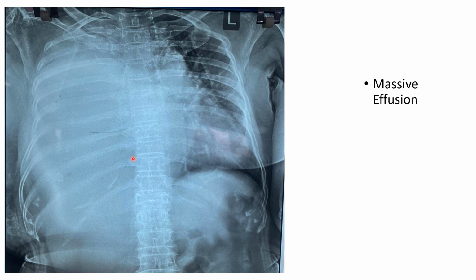So again, this is a massive effusion. Because of the effusion, it has pushed the trachea to the opposite side, the mediastinum to the opposite side, and the rib spaces are enlarged. When you compare rib spaces, you have to compare the corresponding rib spaces. So here you see this is the rib space, and then you see the rib space. You can see that there is a subtle increase in rib space on this right side compared to the left side. So the diagnosis here is a massive effusion.